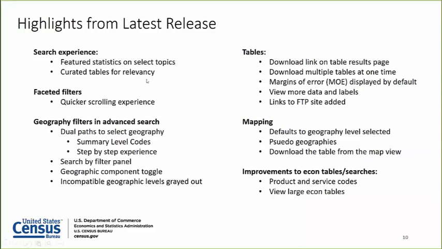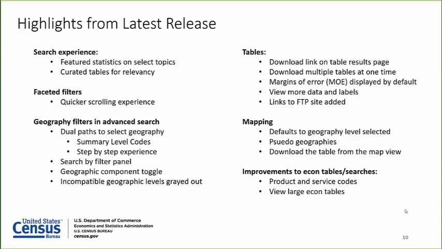Also available for tables is a download link. The download link is back on the table results page. We had moved it, and we got a large outcry that we had taken away the download button, so it's there. We just put it back where we originally had it, and we've also added the feature to download multiple tables.